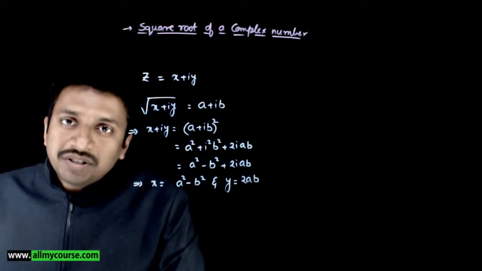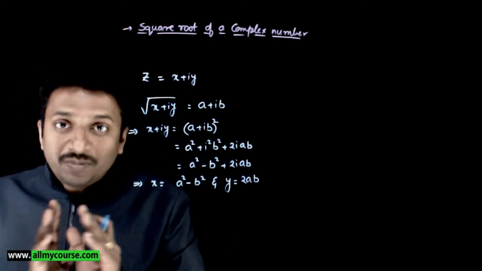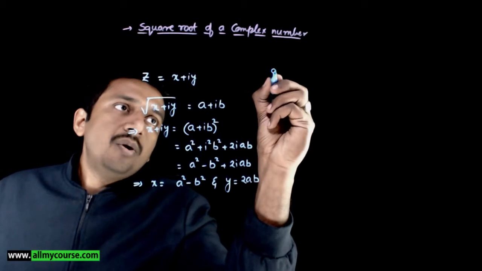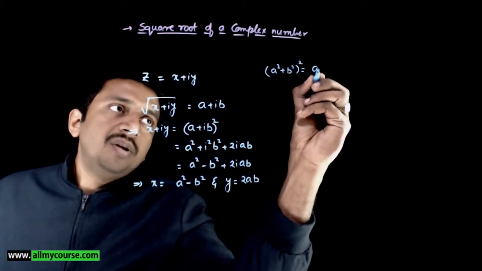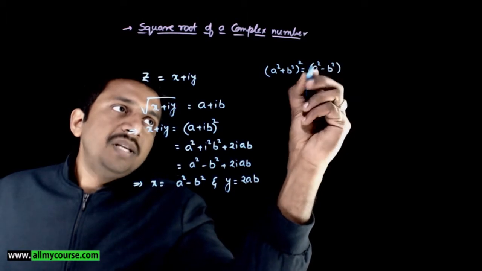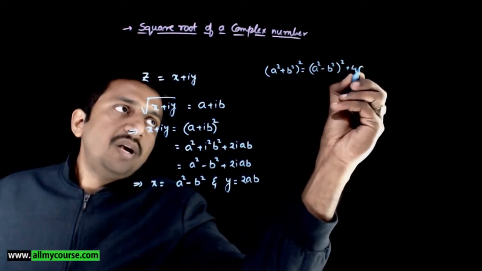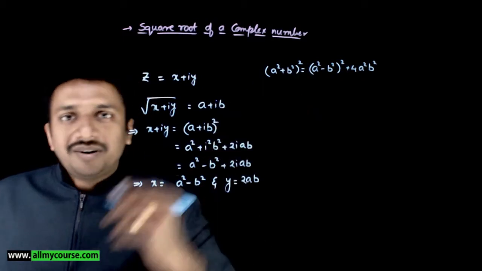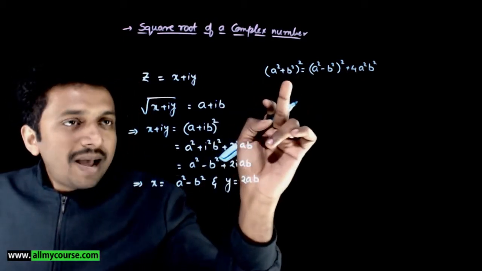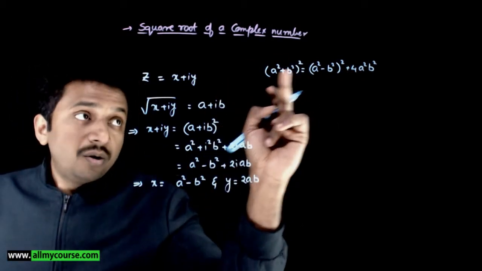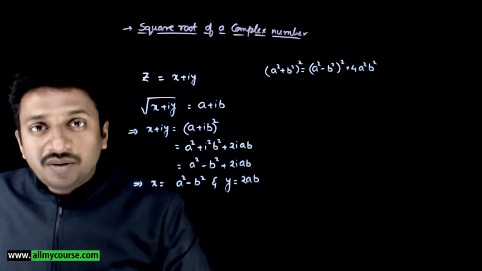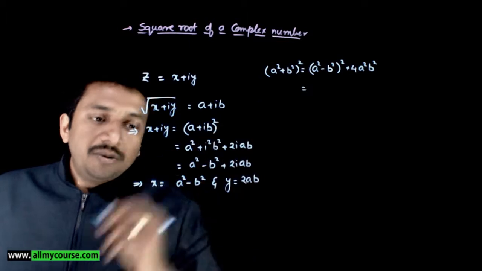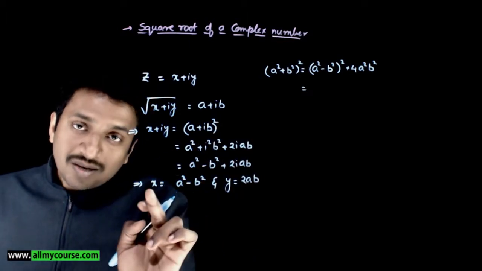From these two equations, can I find a square plus b square? We know that a square plus b square whole square is equal to a square minus b square whole square plus 4 times a square b square. What is a square minus b square?